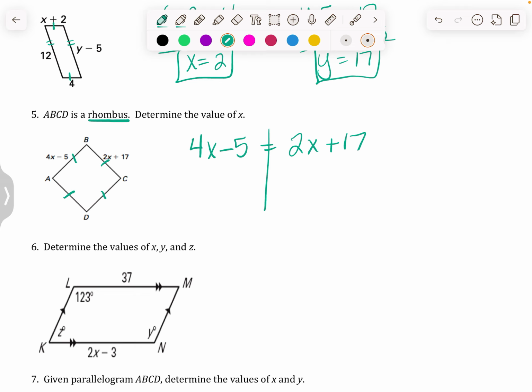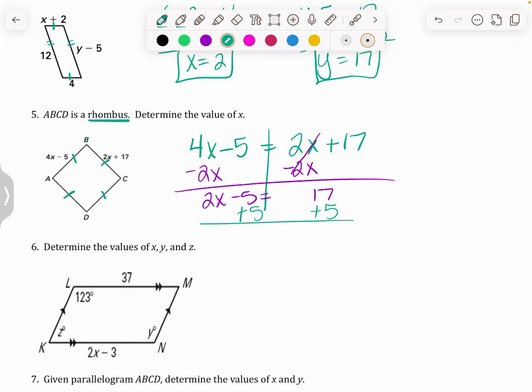And so we would be able to get all of our x's on one side, and then get all of our non-x's on the other side. And we get 2x equals 17, 18, 19, 22. And divide by 2, we get x equals 11.